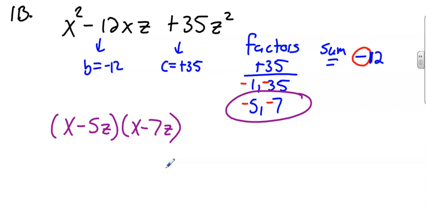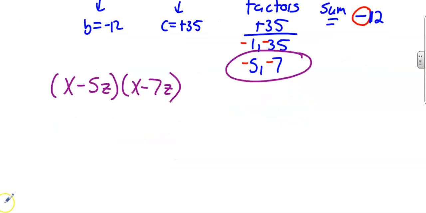Okay, and then the third objective, the last one that's in 6.2, is you're still going to factor, you're still going to go through the steps on this one. The only thing they're going to have you do different with this one is that your first term is not going to be 1. So basically on this one, you're going to be factoring out a greatest common factor and then factoring the trinomial.